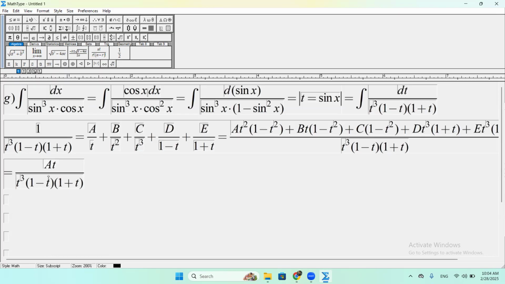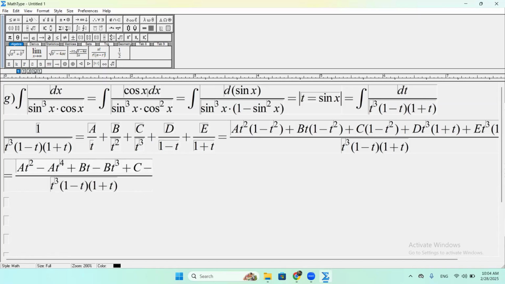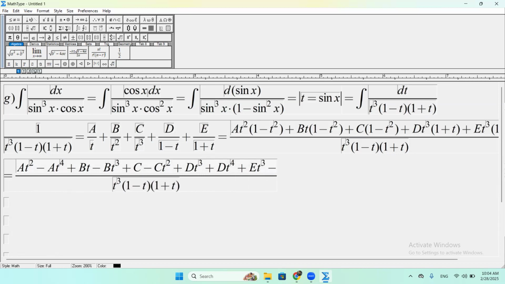At cube minus at in power of 4, plus bt square minus bt cube, plus c minus ct square, plus dt cube plus dt power of 4 plus et cube minus et in power of 4.